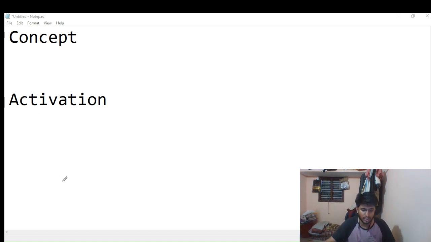Now this error function, we have two common types, right? One is the mean square error, sorry, I uttered it the wrong way. It is a mean square error, and another one is cross entropy loss, CEL.